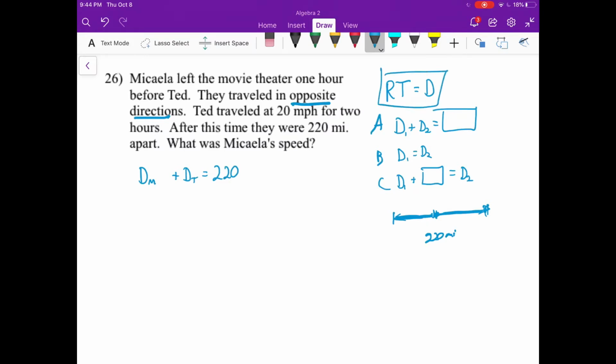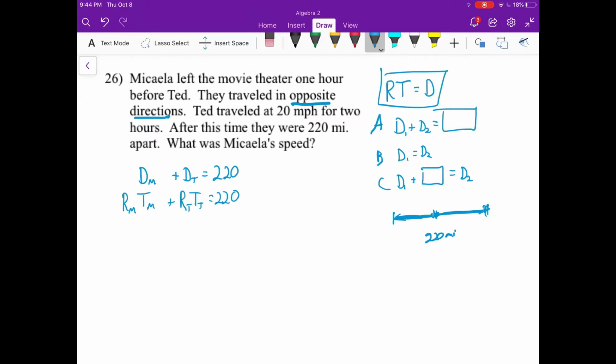Well, we do know that distance equals rate times time, so this is going to be Michaela's rate times Michaela's time plus Ted's rate times Ted's time will equal 220.